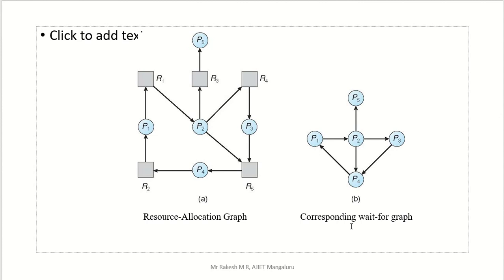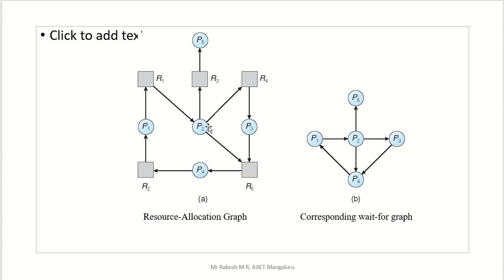That we have to represent in the wait-for graph. P1 is requesting, and R1 is already allocated to P2. So P1 is waiting for completion of P2. Then we can draw a direct arrow. See, P1 here to here, you can see this. P1 is waiting for P2 to complete.